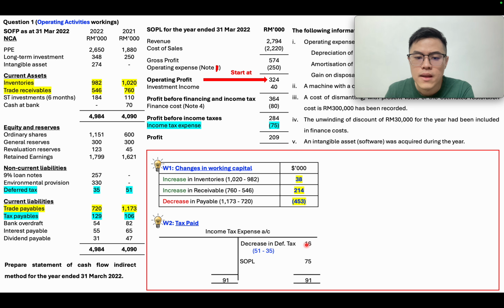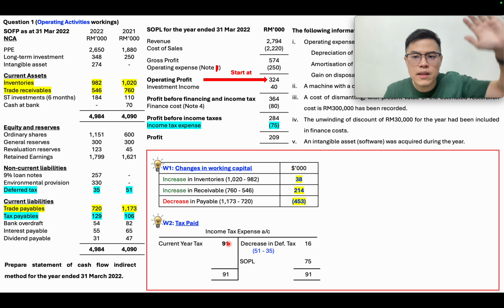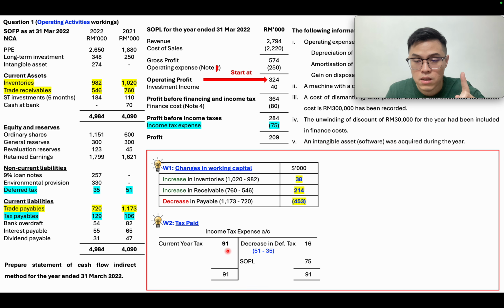Moving back here, you know that the original current year tax is 91. Originally, you calculate your income tax as 91, but because deferred tax reduced by 16, you debit deferred tax liability and credit income tax expense, and you report 75,000. But this 75,000 is not the correct income tax expense.